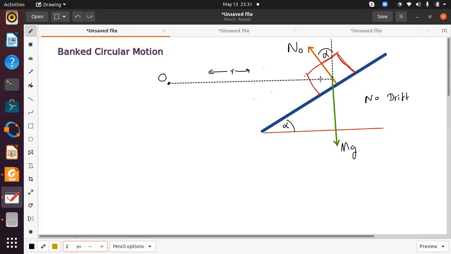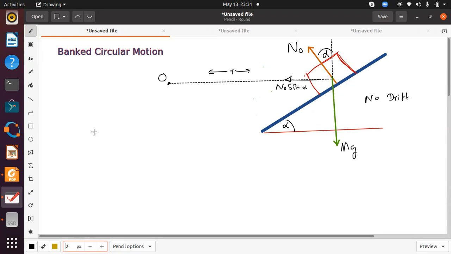The required centripetal force is supplied by the horizontal component of this normal force, that is N naught sine alpha. No other forces are acting in the horizontal direction, so this is enough for the centripetal force required for the circular motion.